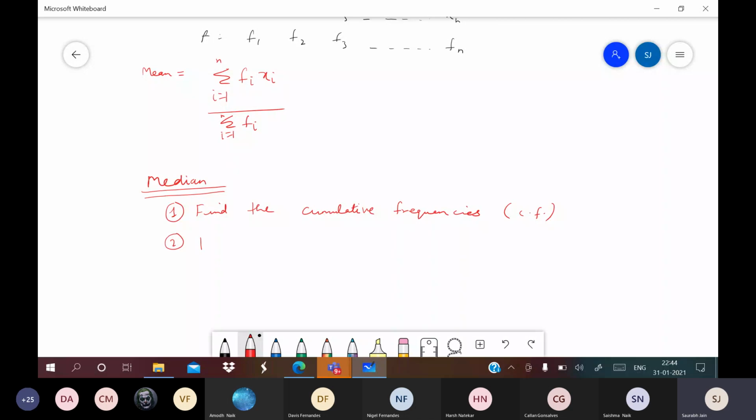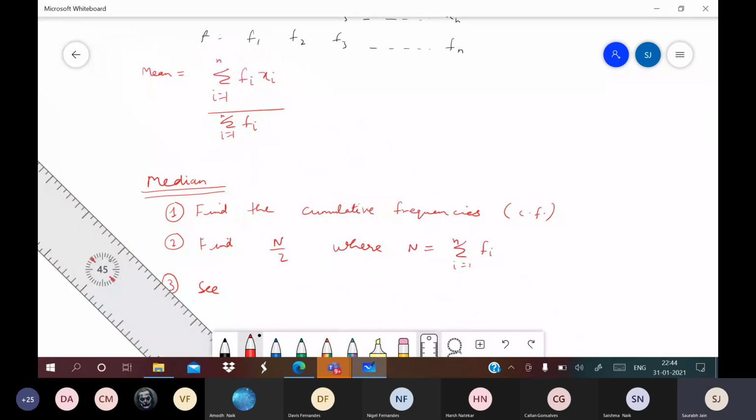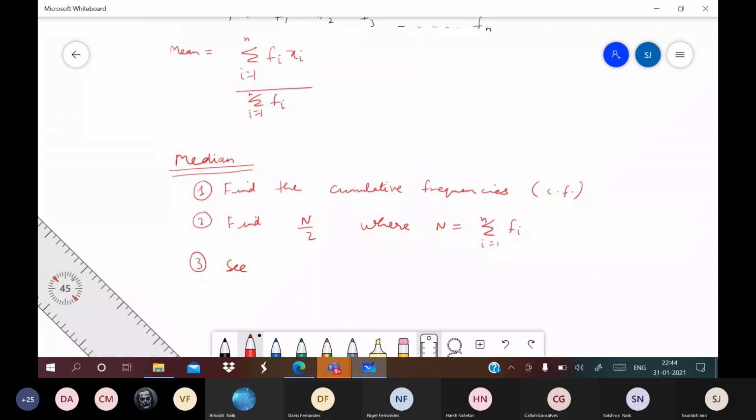Then second, find n by 2, where n is sigma fi, i from 1 to n. Then see the cumulative frequency just greater than n by 2.